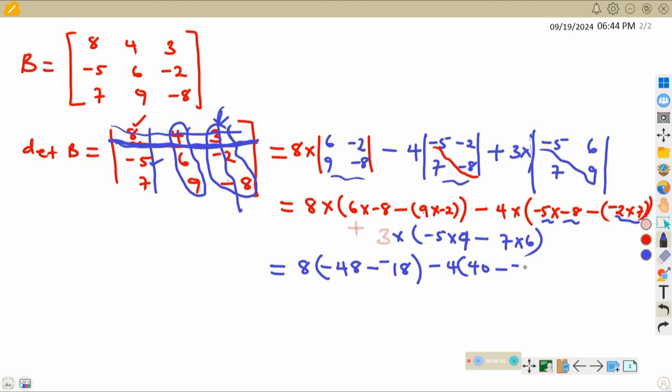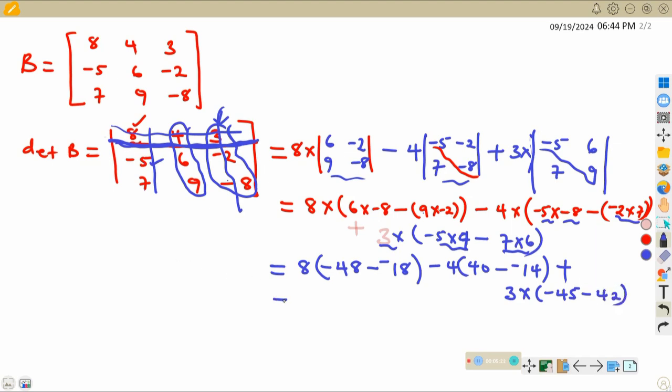Negative 2 times 7 gives us negative 14. We shall add 3 times negative 5 times 9, which is negative 45, then 7 times 6, which will give us 42.